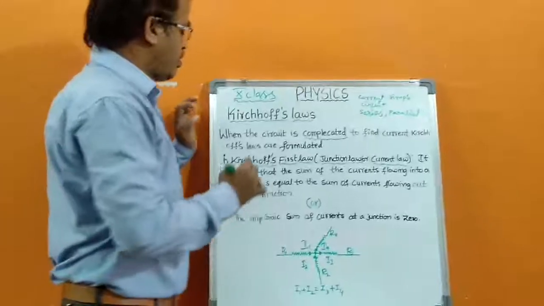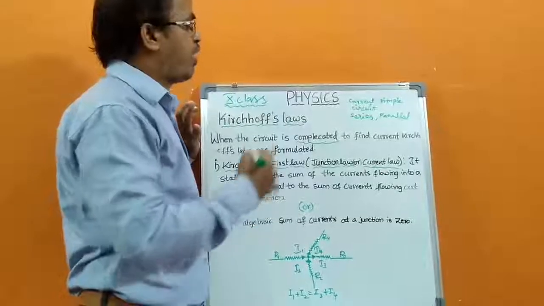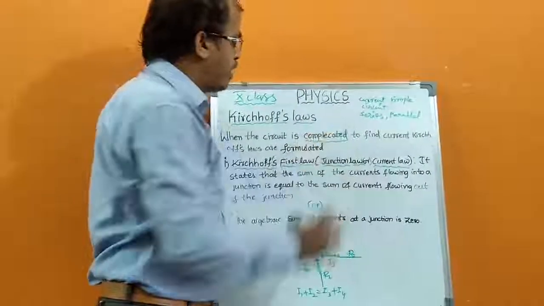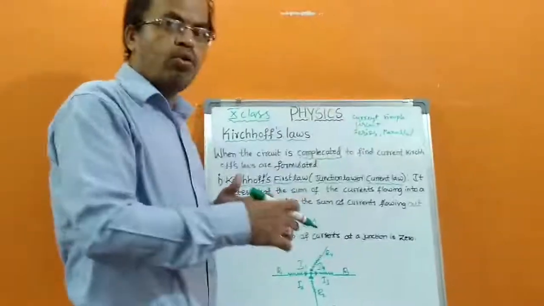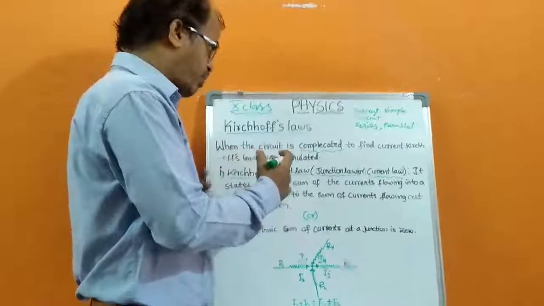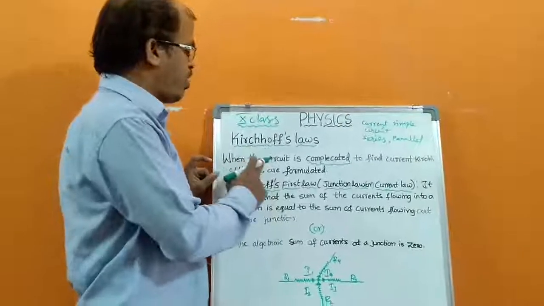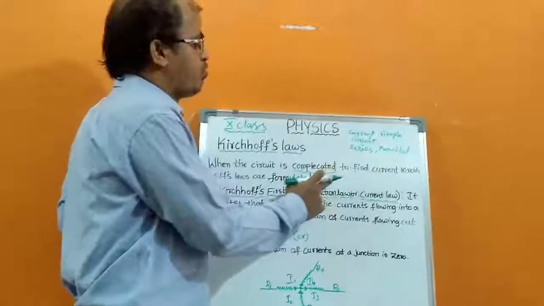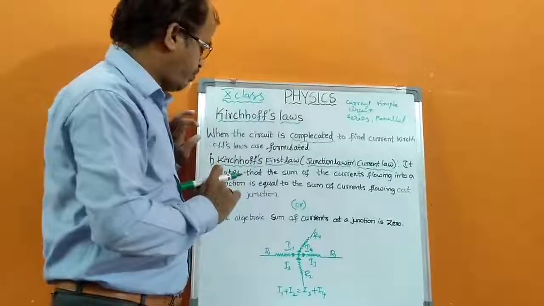But Kirchhoff's laws are used to find the flow of current in complicated circuits, which have two or more than two batteries. Kirchhoff's laws are used for complicated circuits to find the flow of currents.